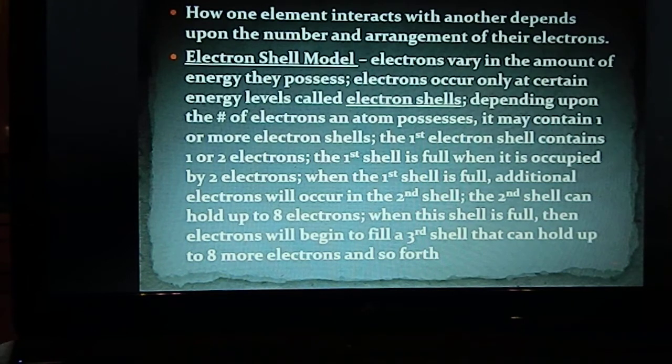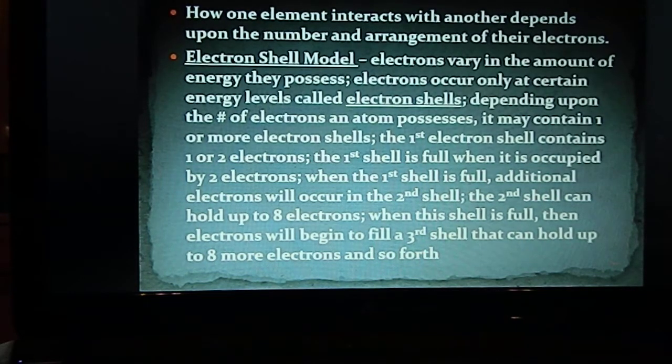It's called the electron shell model. If you took chemistry in high school or whatever, you probably didn't learn this because it is an old way to look at things. It's not as accurate, but it does help us in biology show how these atoms interact.